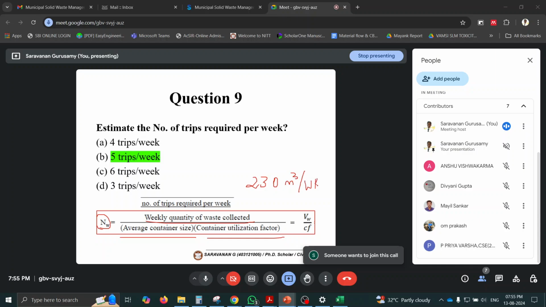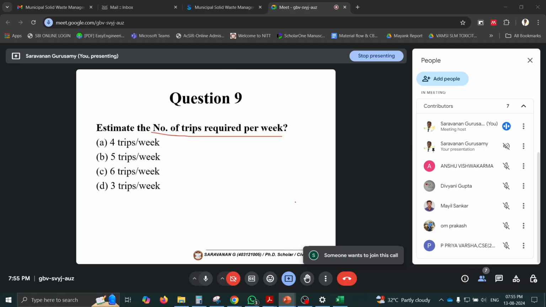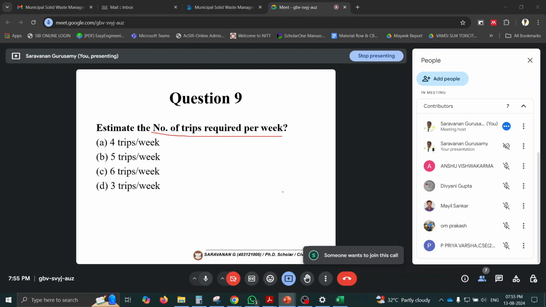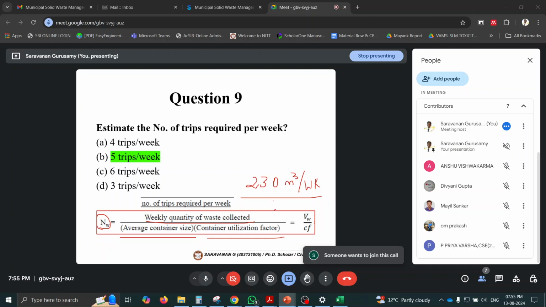Quantity of waste collected per week divided by average container size is 6 meter cube, and container utilization factor is 0.67. Sorry, 6 into 0.67.